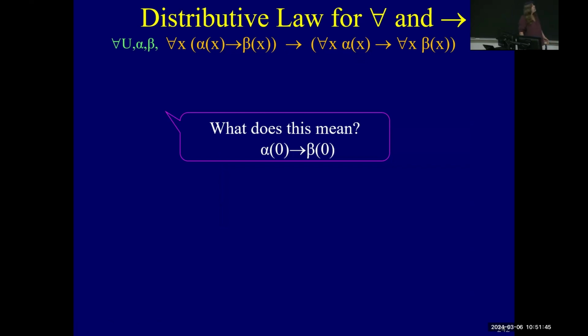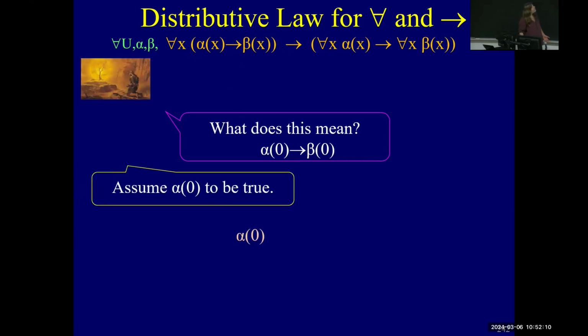All right, so we can think, what does this mean? Here we're saying for every x, we have this statement. So if we know that's true, one thing that we know is true is that if x is 0, we have it. So let's start with what does it mean when x is 0?